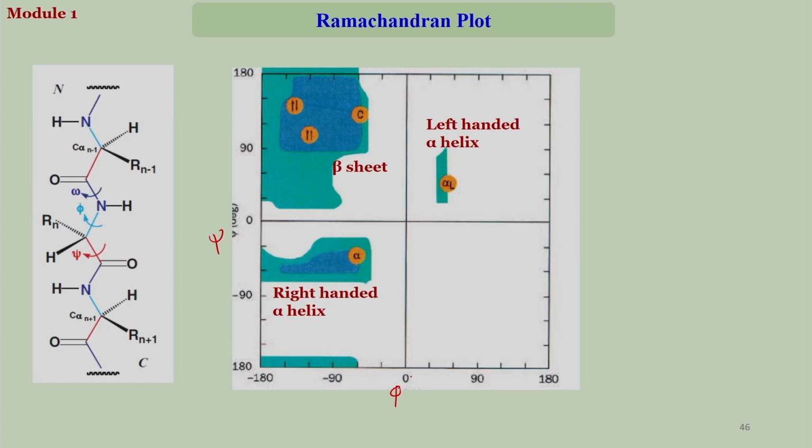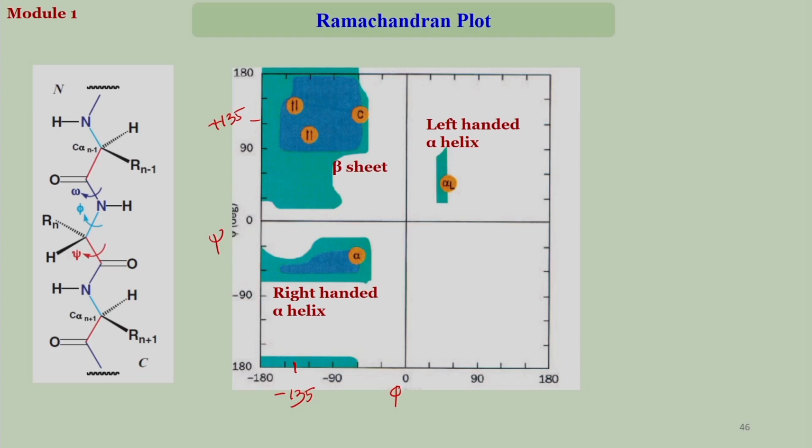If you have phi close to minus 135, which is somewhere here, and psi at plus 135, actually here, then you will see that they have an almost zigzag orientation.